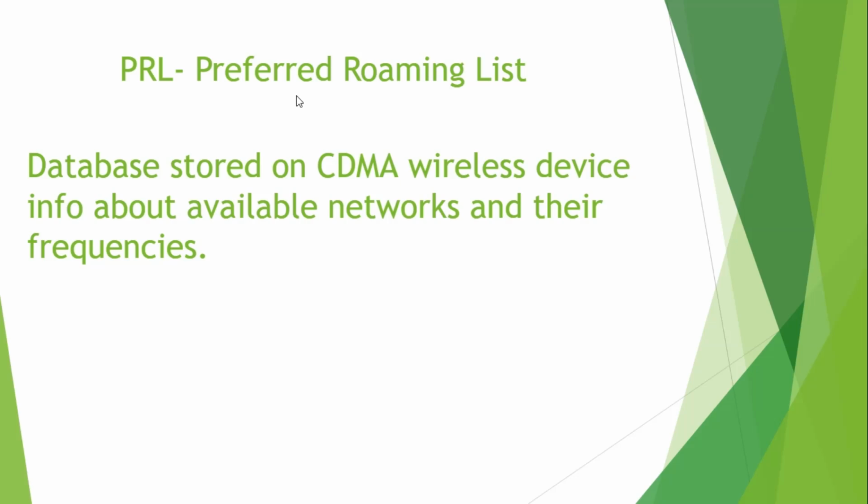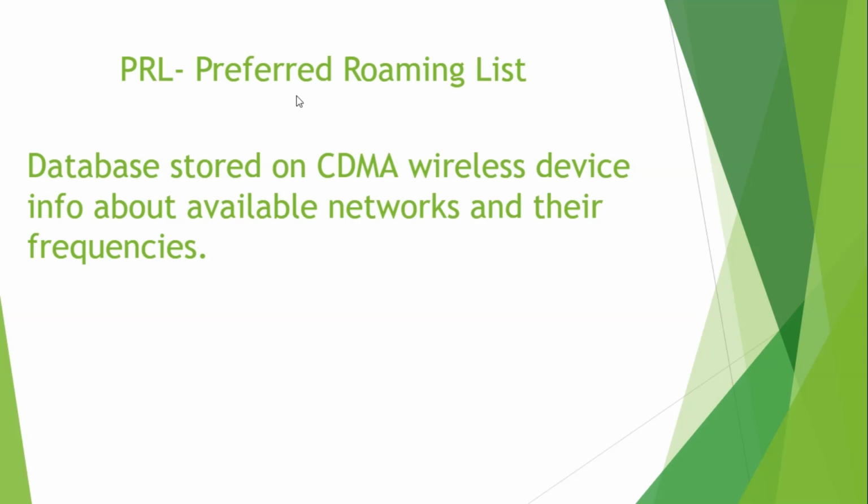So you guys can see the preferred roaming list is basically that when it comes to your cell phone. Your cell phone is saying, hey, you're in this particular location. Within this location, we have this particular tower. If you were to move this way, we're going to have this tower, X, Y, and Z. And if you move this way, we're going to have this other tower, which we'll call X1, Y1, Z1.